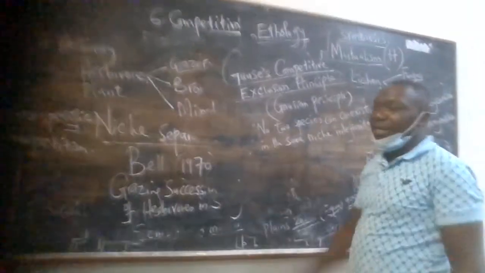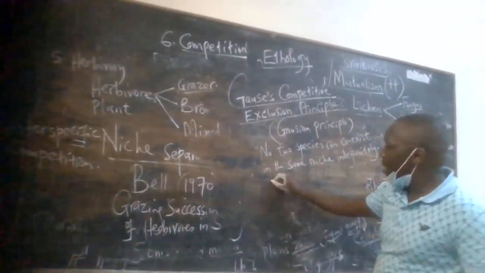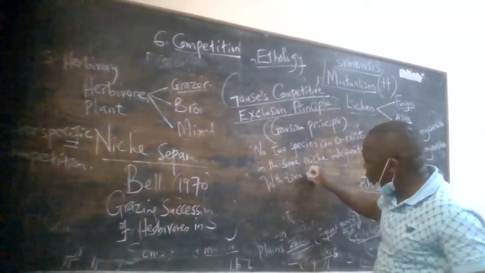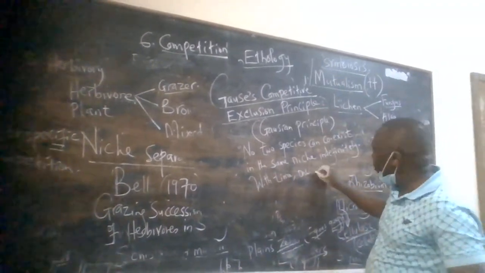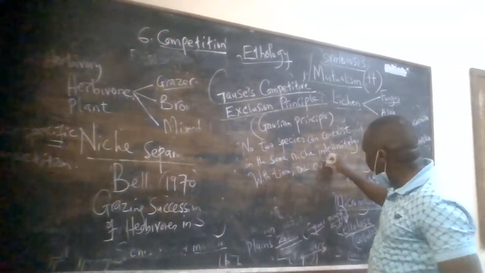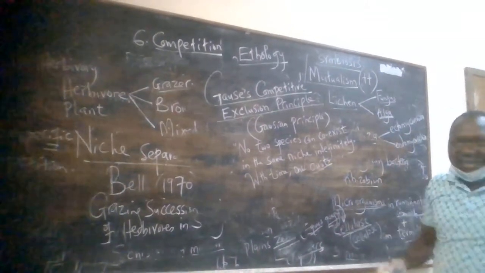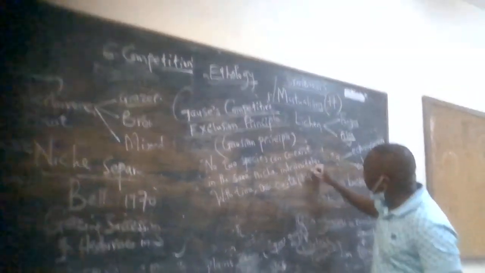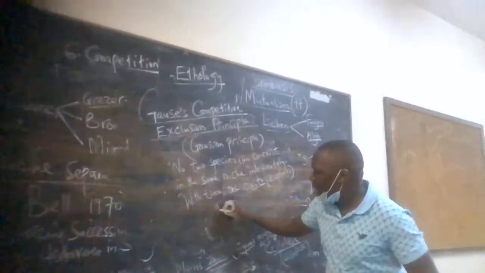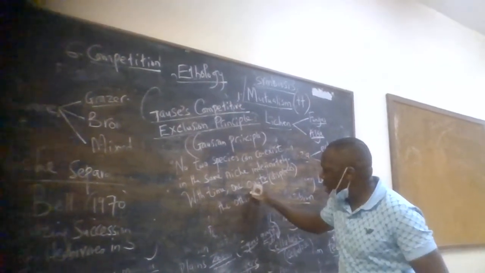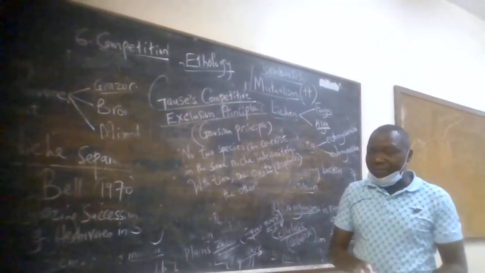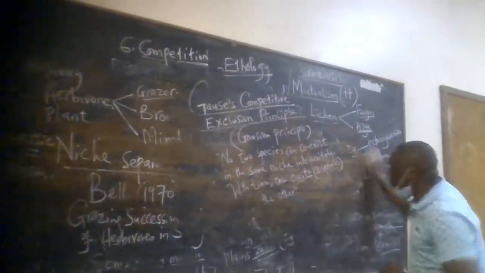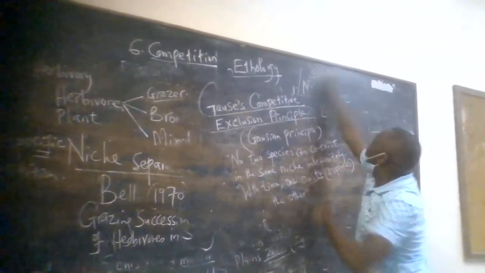We can add a statement that with time, one species displaces the other. The host is displaced. So that is the competitive exclusion principle, which was arrived at by Gause.